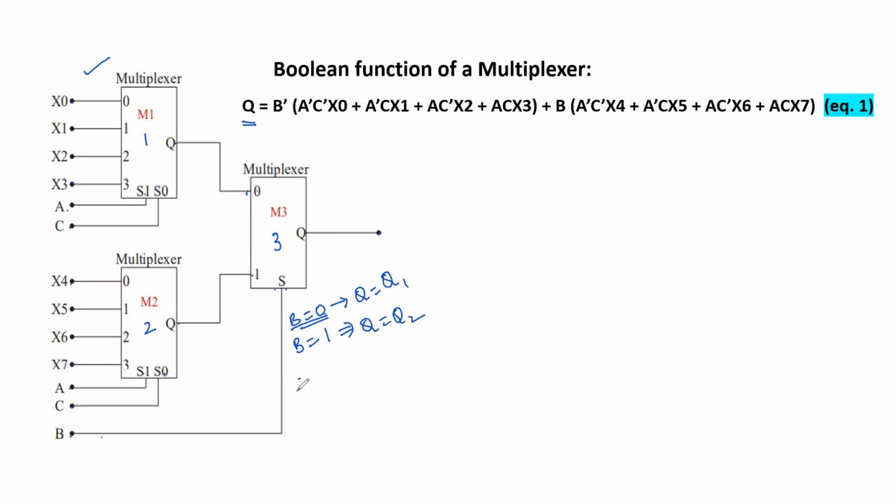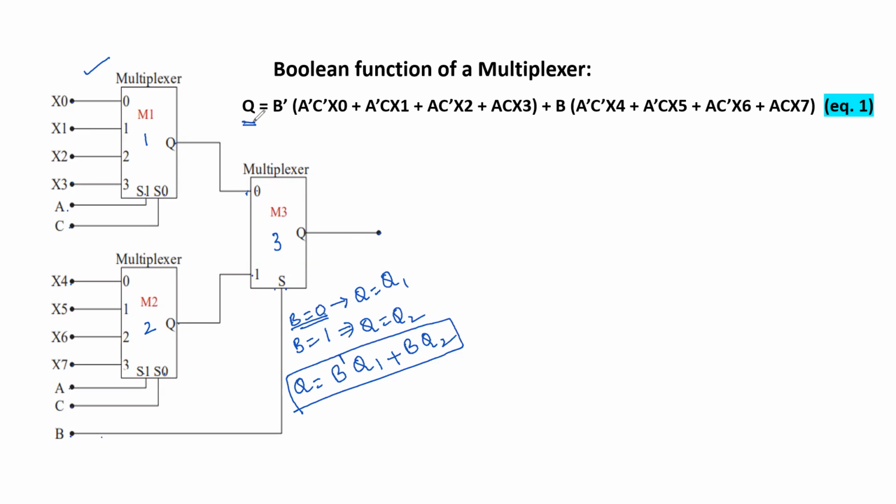So the total function is: when B equal to 0, taken as B', the output is Q1, therefore B'Q1, plus when B equal to 1, the normal form B, the output is Q2. Okay, so this is the total Boolean function.